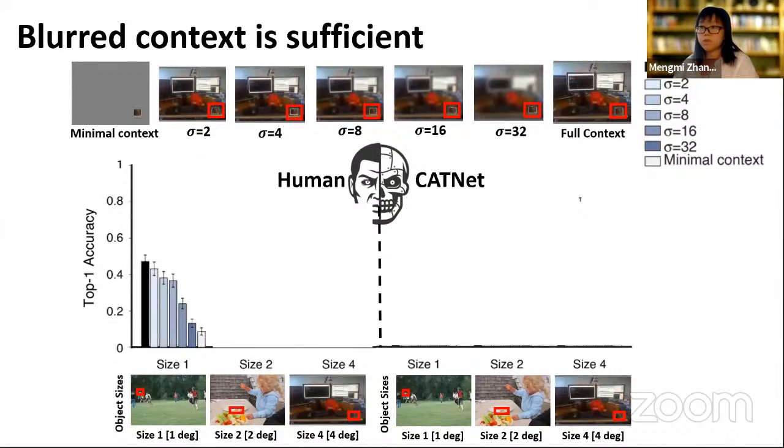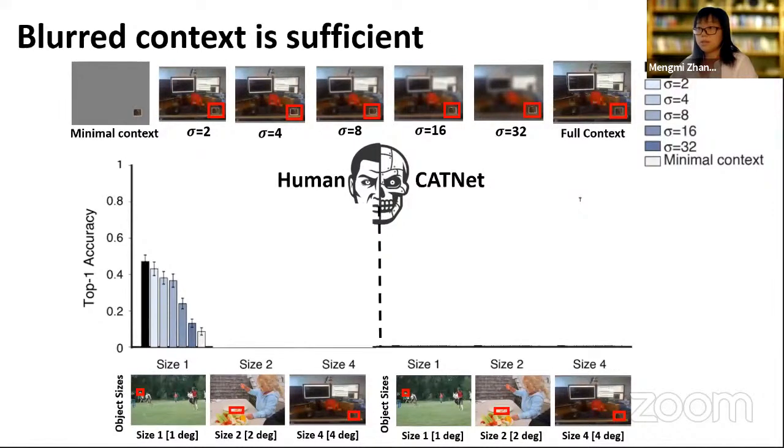So here is the result for humans when the target objects are very small and under this minimal context condition: the accuracy barely dropped when sigma is less than or equal to 8, and performance levels are almost indistinguishable from the full resolution condition. Interestingly, there was a wide range of blurring that led to robust contextual modulation.